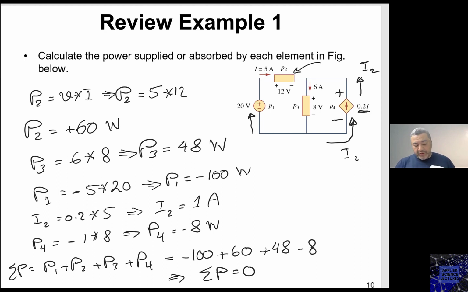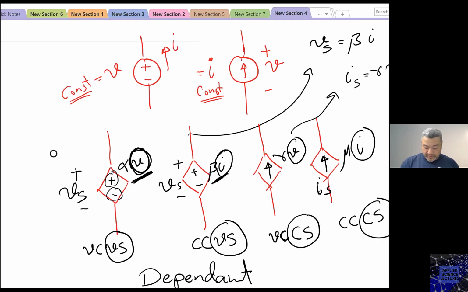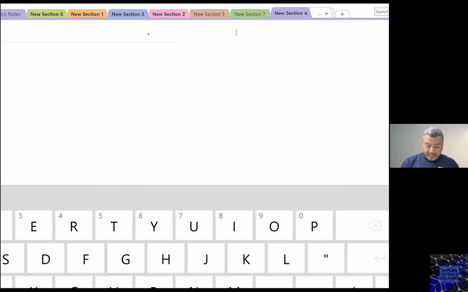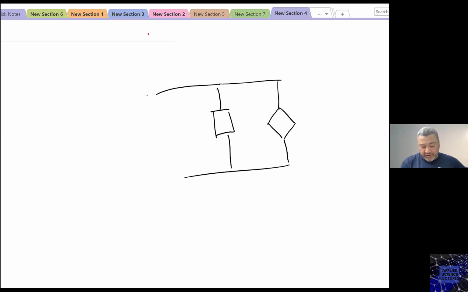Okay, so here we have this component that is called P3, connected in parallel with my current controlled current source.